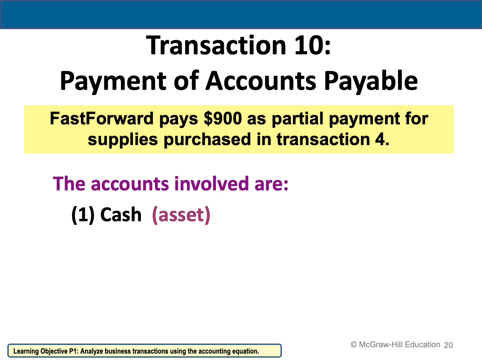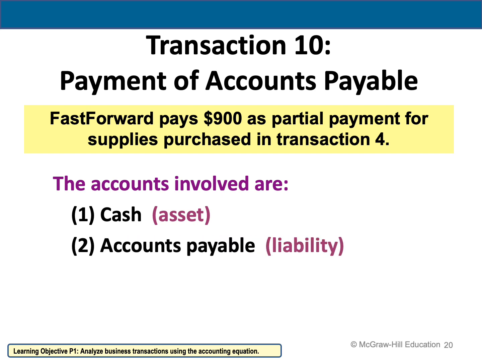What else will also decrease? My accounts payable. I know the cash is going to decrease because the company is paying, so there will be cash going outside the company. My accounts payable is going to decrease because I paid my liability, my obligation. So that's why my accounts payable is reducing.